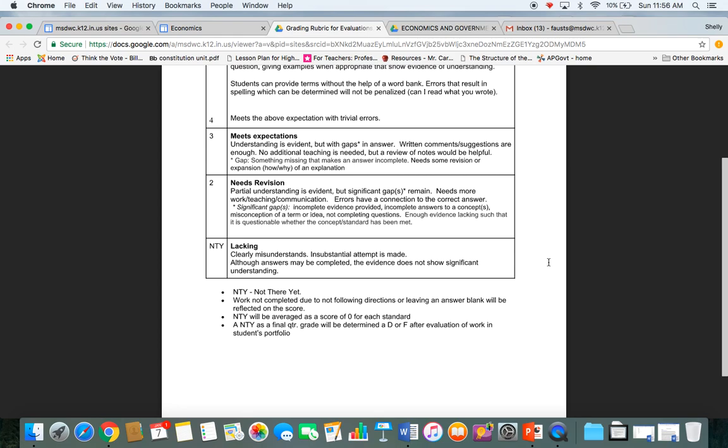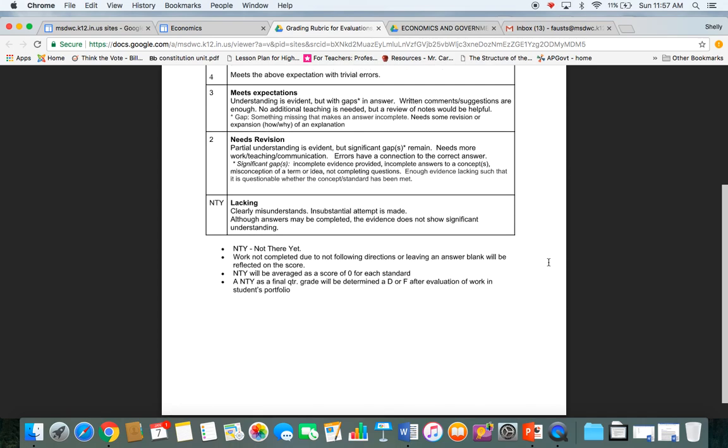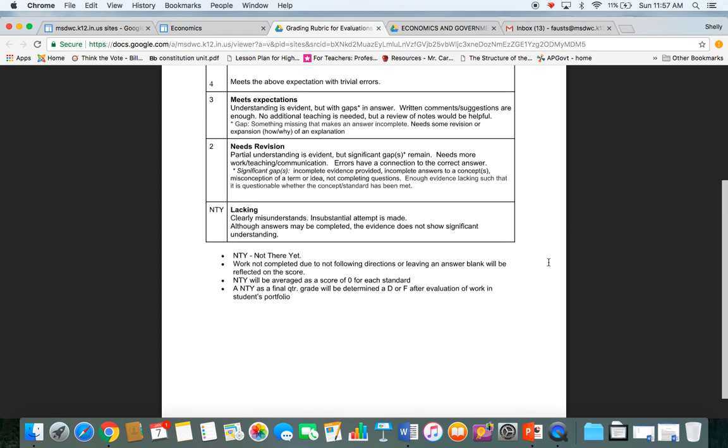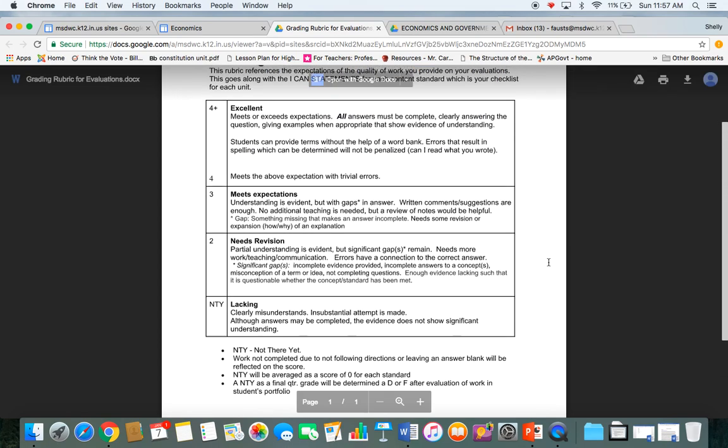But when we get to the end of the 9 weeks and the end of the semester, I will look at your semester grade on that particular standard and decide if that's a D or an F. So you're not going to necessarily get an F on that particular standard if you can show me that you did learn something. So make sure you print those 2 out.